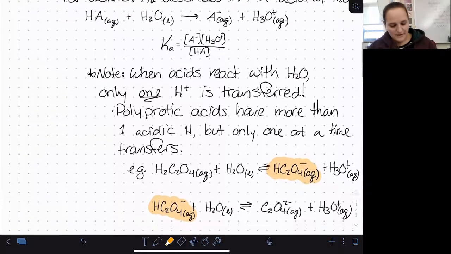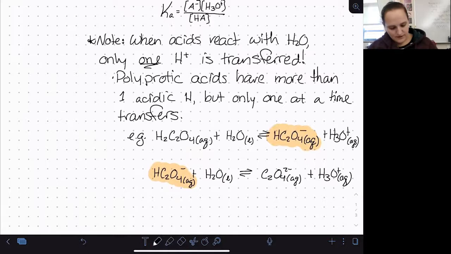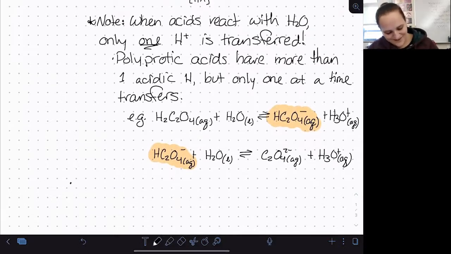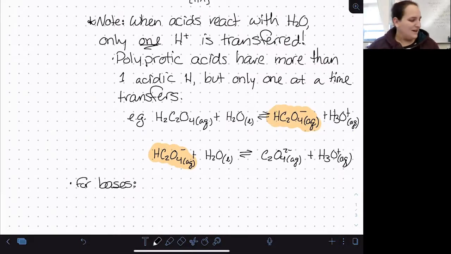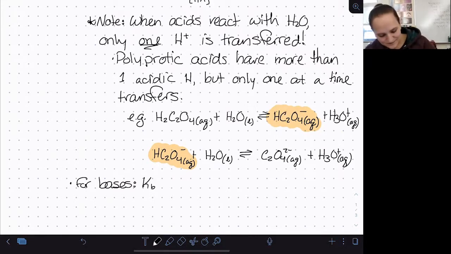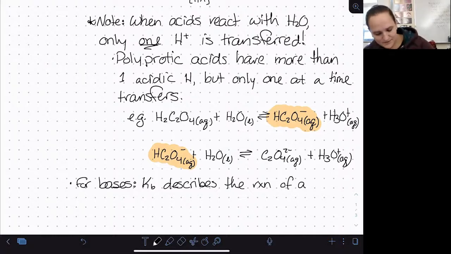So for bases, things are a little bit less complicated. Really they're essentially the same, but for bases, we have Kb, which describes the reaction of a base with water.